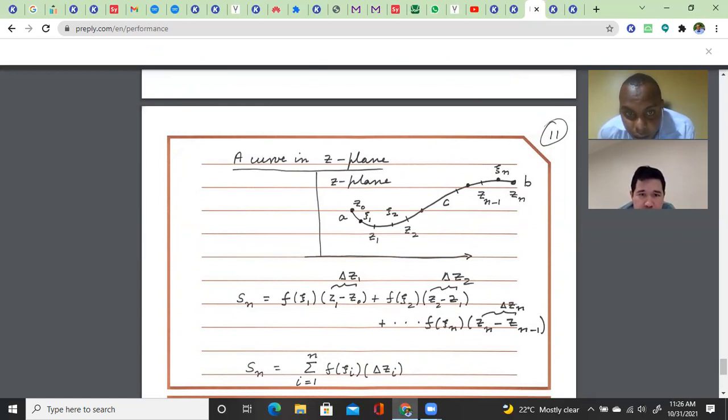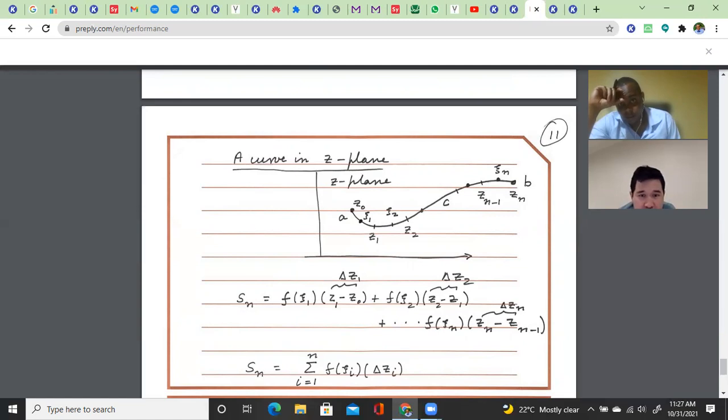f(ζ1) times Δz1, where z1 minus z0 is Δz1. So we have a curve AB, and we have points such as z1, z2 to zn on our curve. C is a contour, and ζ is a point in the middle of each section.